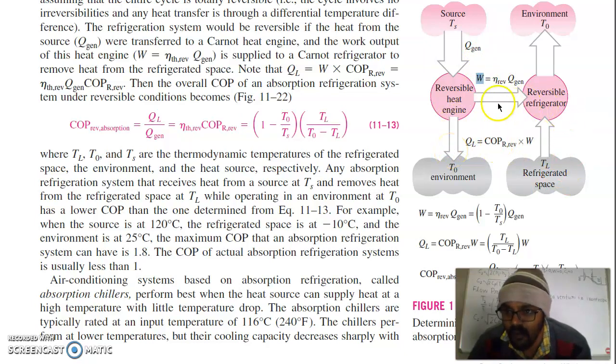Now this work is used to run a reversible refrigerator which will take heat from the low temperature and supply it to the environment at T0. Okay, so now you can see here, definitely the environment temperature is lower than the source temperature and the refrigerator temperature is lower than the environment temperature.